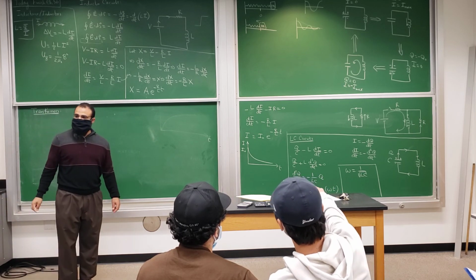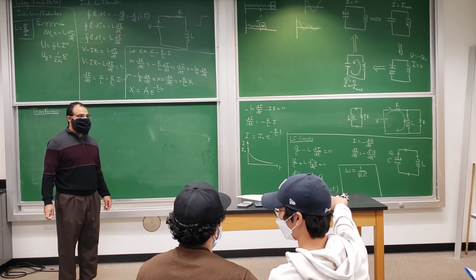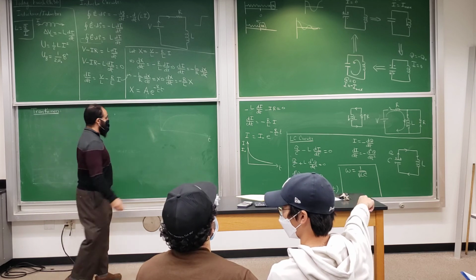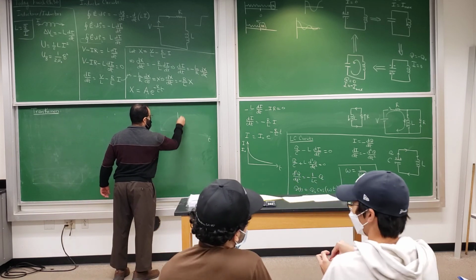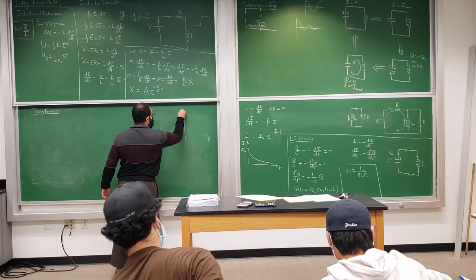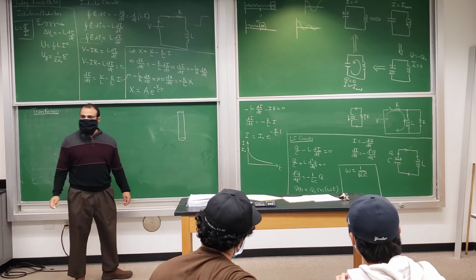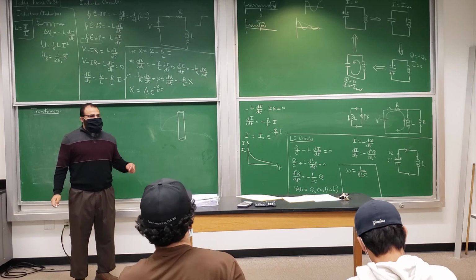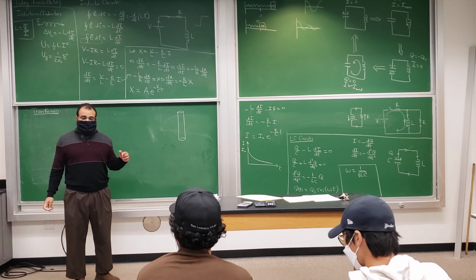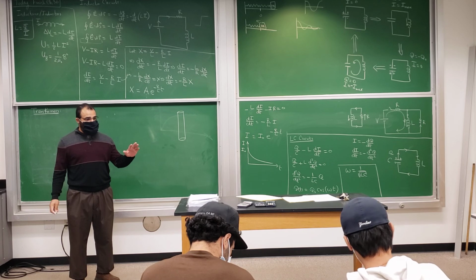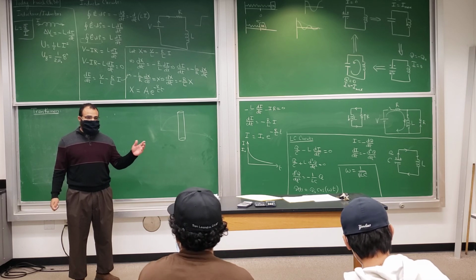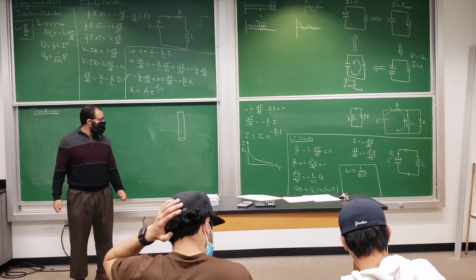Here's a basic transformer, okay? So you have an AC source. An AC source means the voltage is changing with time, or the current flips direction with time.